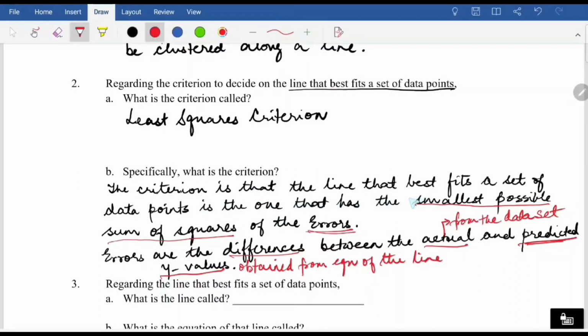It is the line that has the smallest possible sum of squares of the errors. In fact, it's sigma e squared.